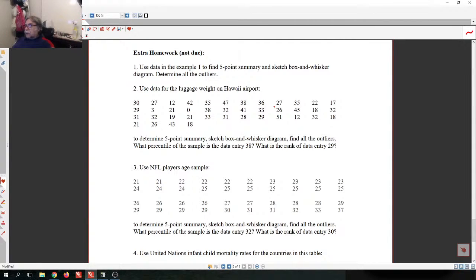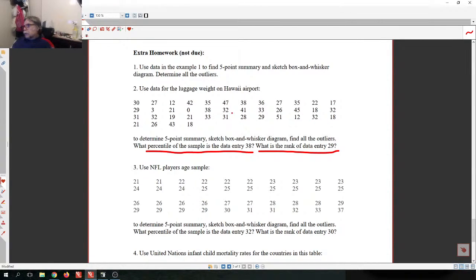Sketch a box and whisker diagram. You see if you can do that. Now I'm asking here, can you find the percentile rank of the data entry 38? 38 is this guy here. Can you find the rank? Not percentile rank, just rank of the data entry 29.